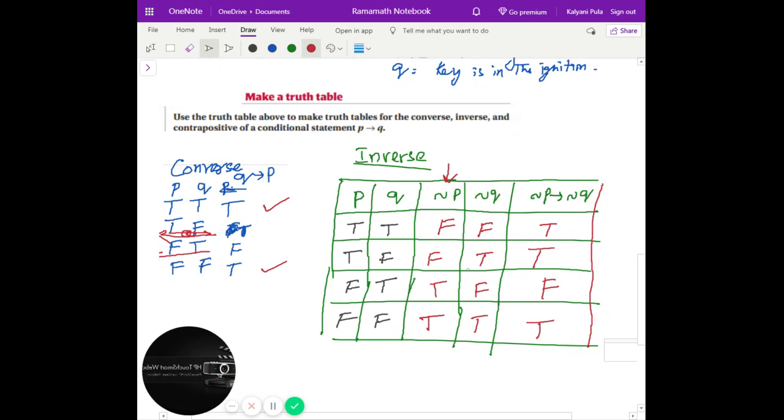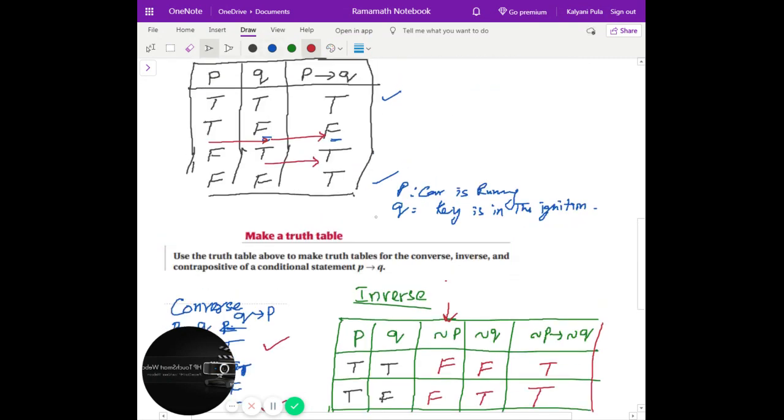So the easy way to look at what I call a truth table is to follow the trick. The trick is very simple. This is what you need to look at. The trick is right here. True, true is true, and false, false is also true. And then you follow this one: true, false comes with false.